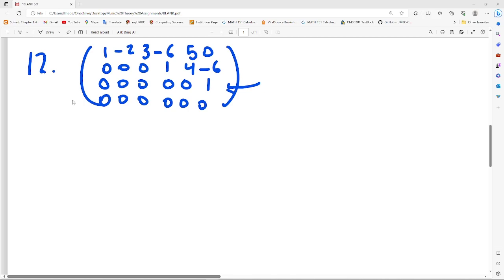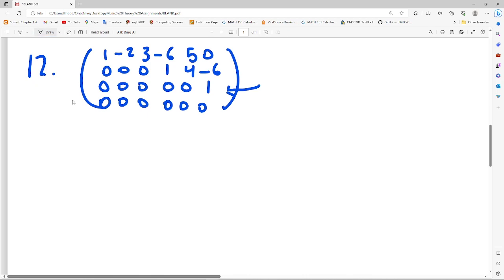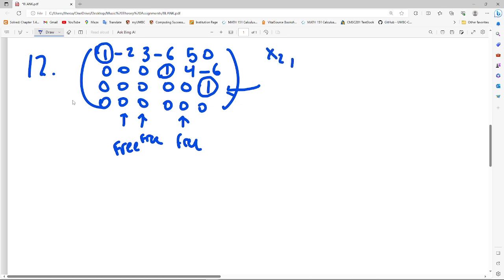So we can see in column 1, there's a pivot right here. In column 2, there's no pivot, so it's going to be free. In column 3, there's no pivot, so it's going to be free. In column 4, there is a pivot right here. Column 5, there's no pivot, so it's going to be free. In column 6, it's going to be a pivot. So we know that x2, x3, and x5 are free.